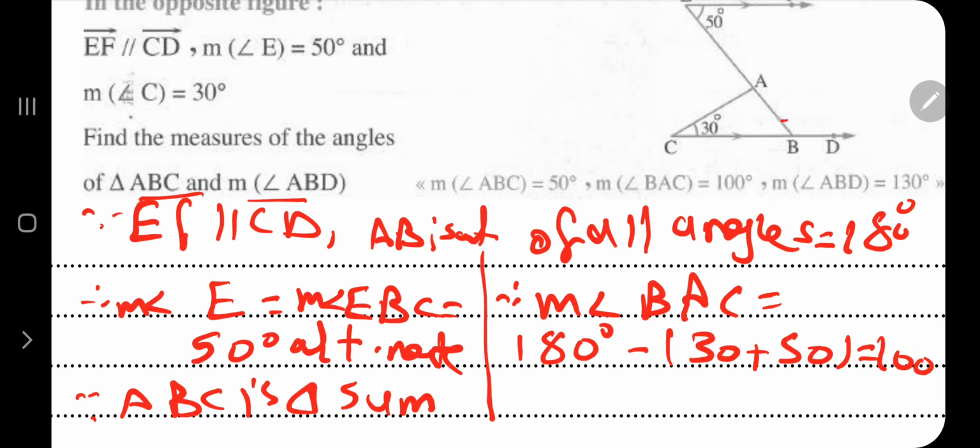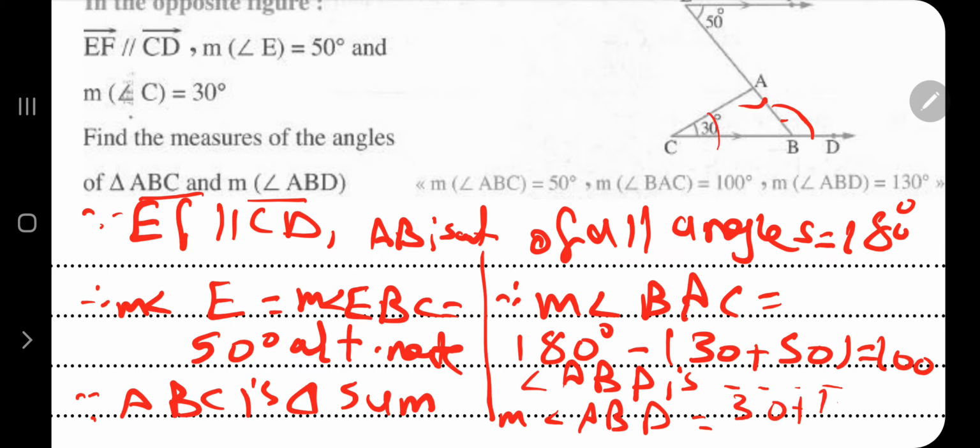Okay, angle ABD is an exterior angle. Its measure equals the measure of angle A plus the measure of angle C, which is equal to 30 plus 100 equals 130.